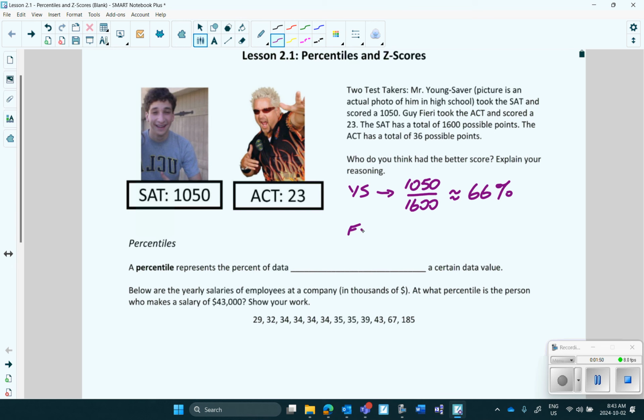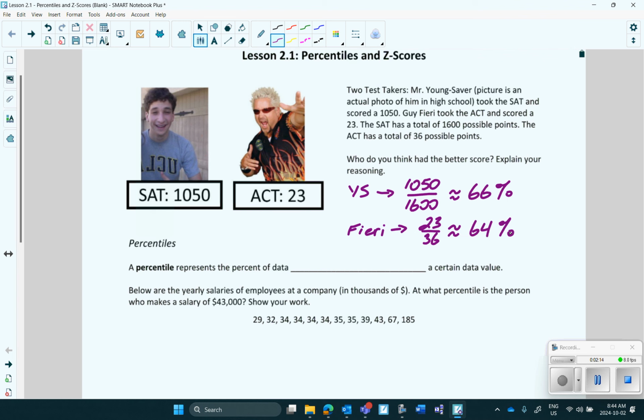And Fieri got 23 out of 36, which converts to about 64%. So one could make the argument that Young Saver did better on his entrance test than Fieri did on a different one.